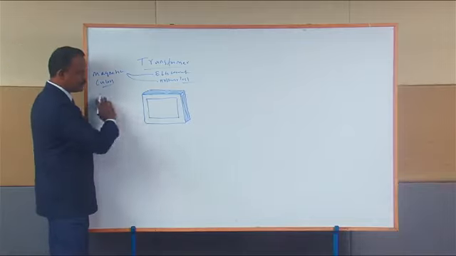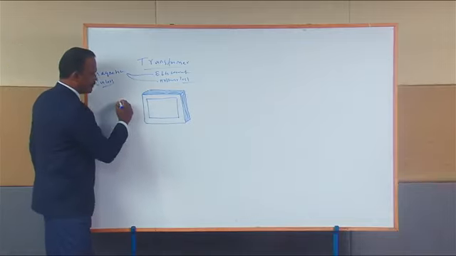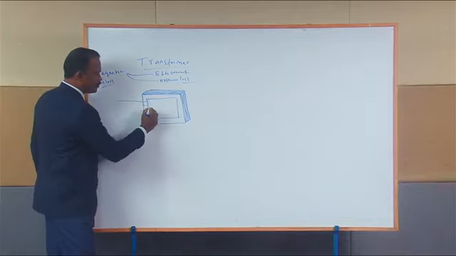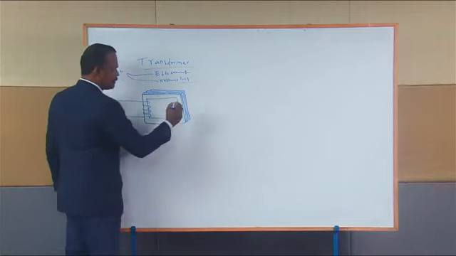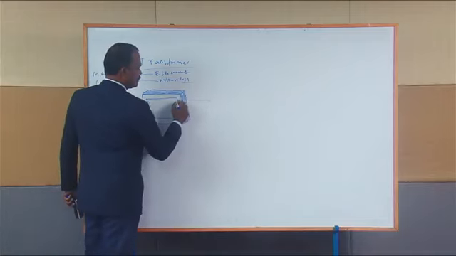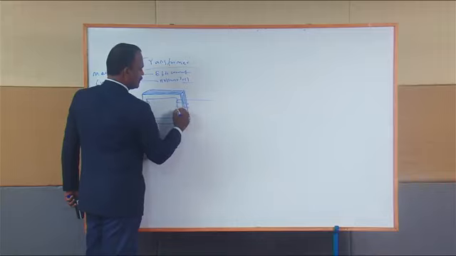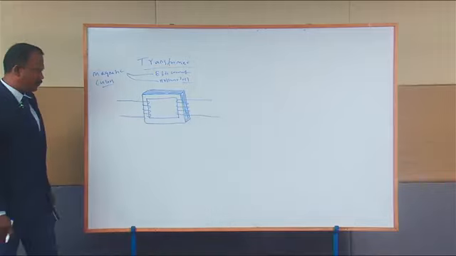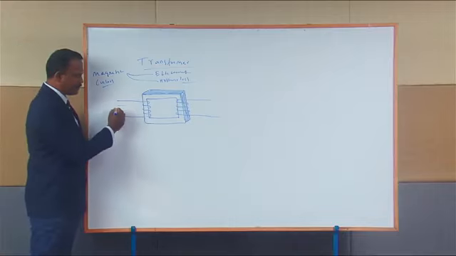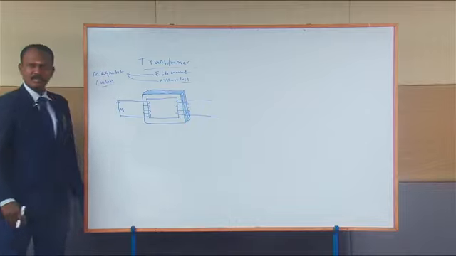In this magnetic core, we connect the transformer primary winding here, and the secondary winding on the other part of the transformer. Now we apply an AC voltage V1 to the input side of the transformer.